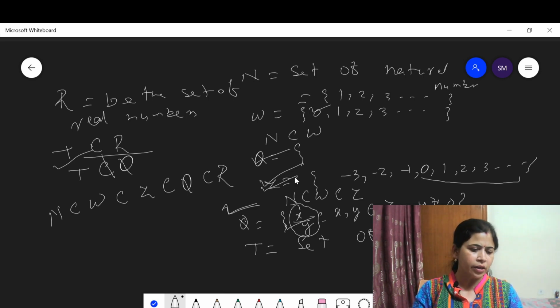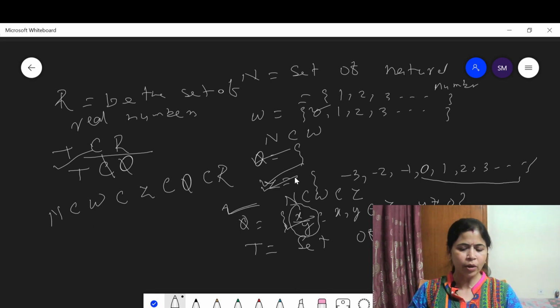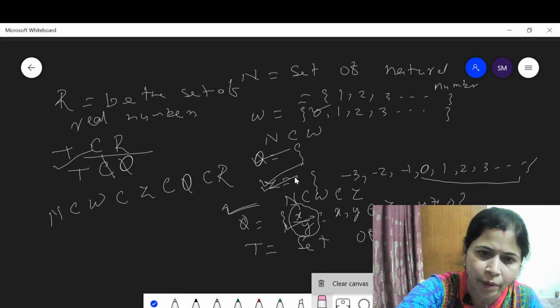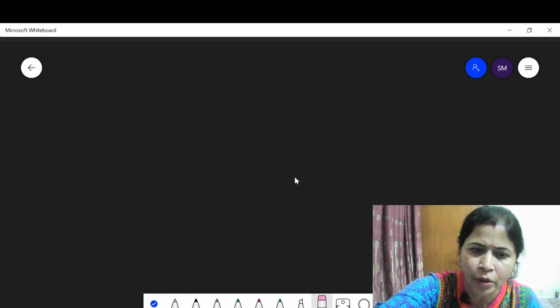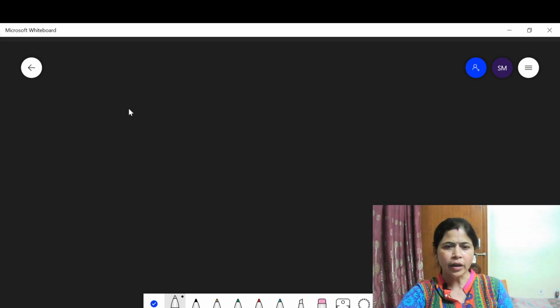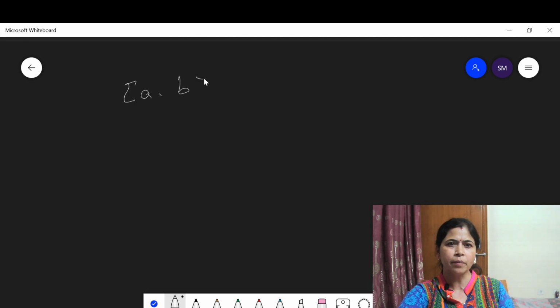Now let us discuss what is a closed interval and what is an open interval. Closed interval means suppose [A, B] is the closed interval. Suppose X is a number which belongs to the closed interval [A, B].